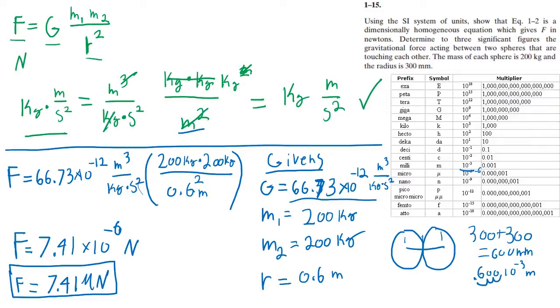The M1 and M2 are the masses given. The R is the summation of the 2 radii of the circles, which comes out to 0.6 meters. And then they were all substituted in properly in the equation for G, M1, M2, and R squared, and then the answer came out. So that one's not too bad.